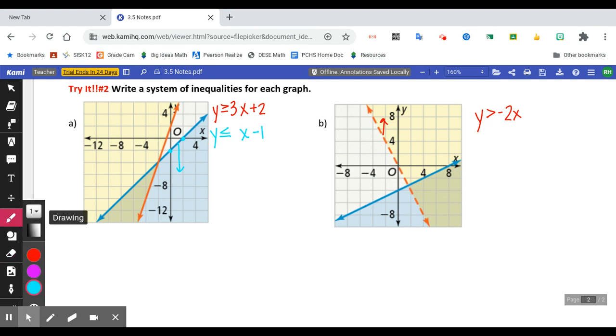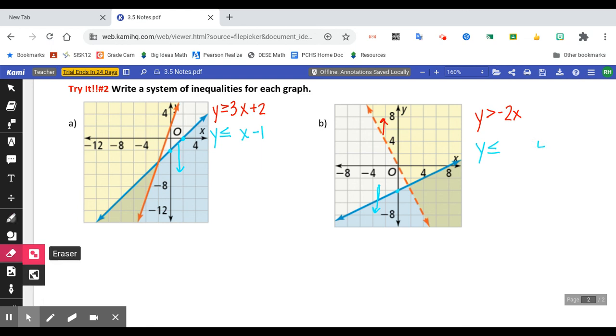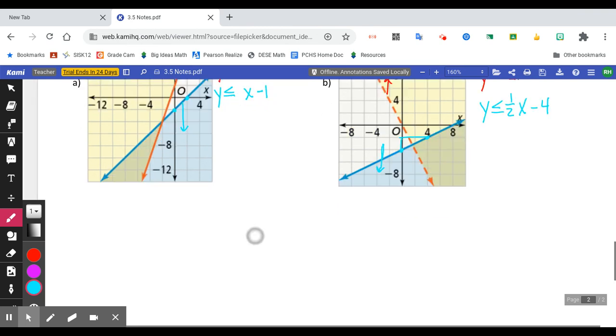Blue line is y is below, so less than or equal to. It intersects at 2, 4, 6, 8, so this is by 4, so negative 4. And my slope would be to here, so up 1 over 2. And there we go.